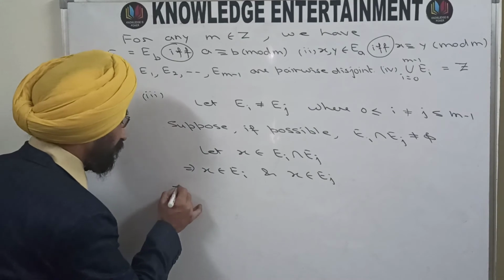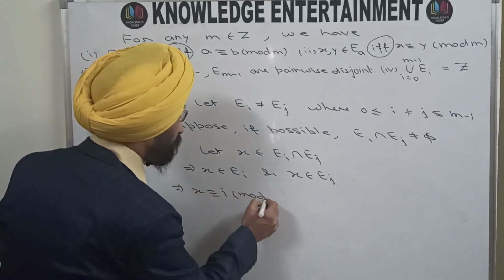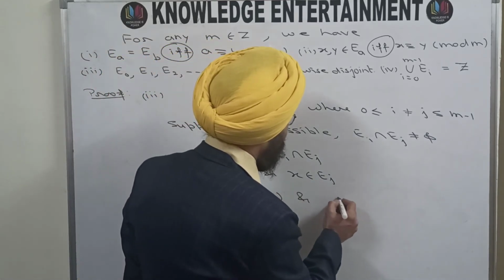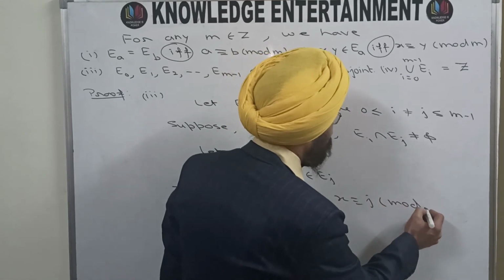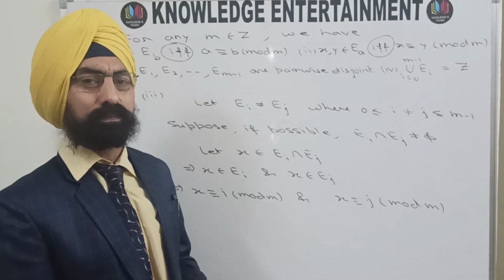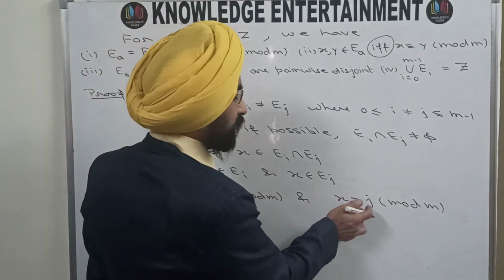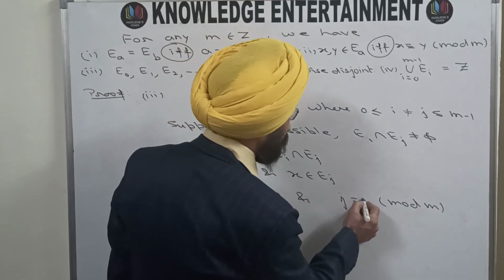This means x is congruent to i mod m, and here you can say x is congruent to j mod m. Once again, as we did in previous parts of this theorem, x is congruent to j, you can write j is congruent to x by using symmetricity.